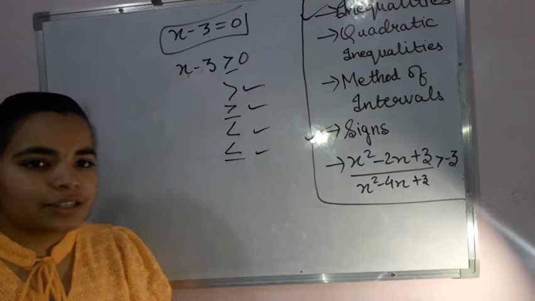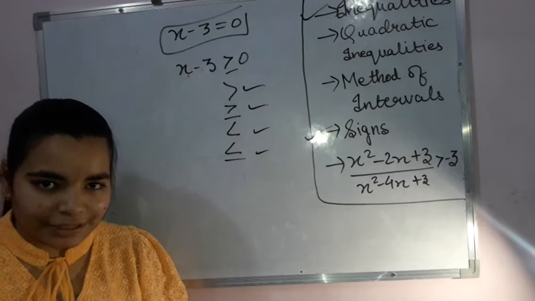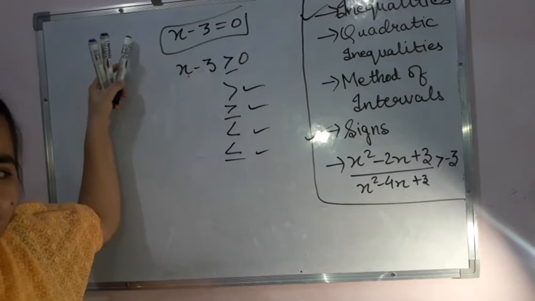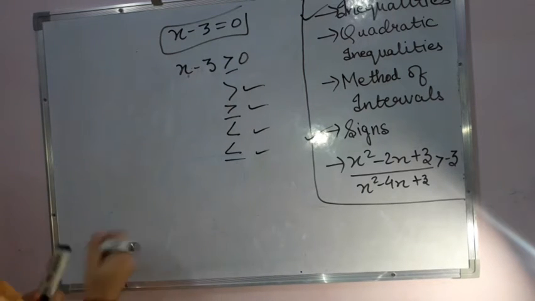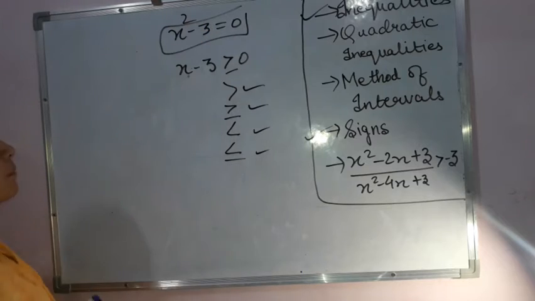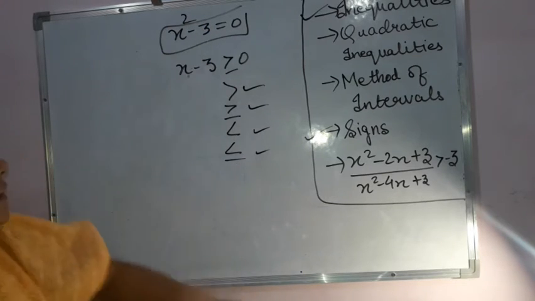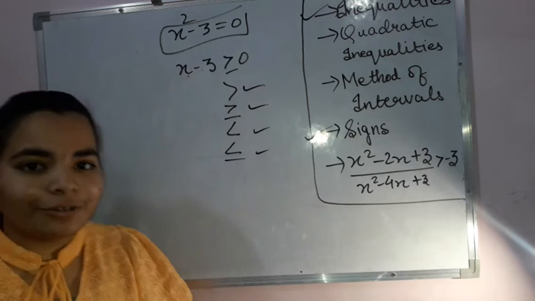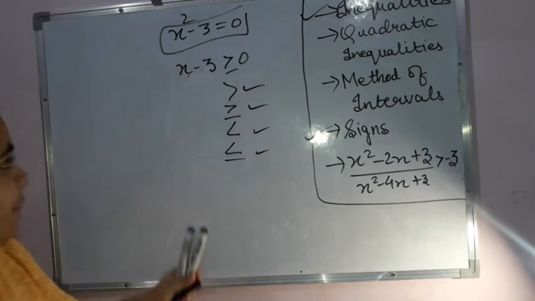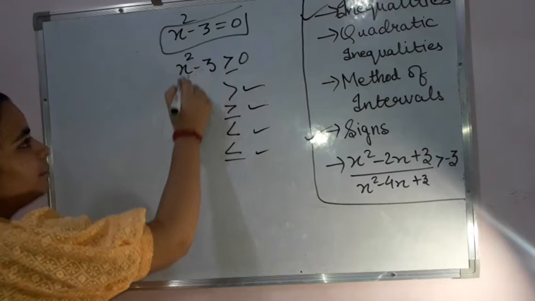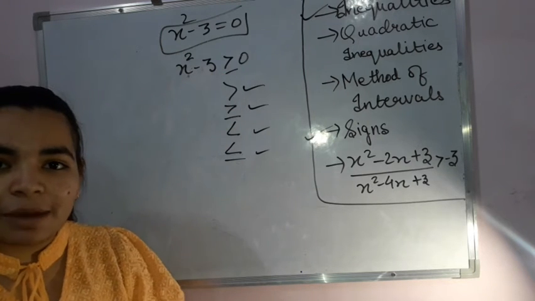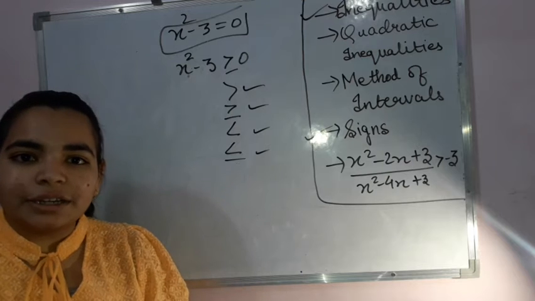Now, after this, let us talk about the quadratic inequalities. Something is linear when the highest power of the variable is 1. Now, if the highest power is 2, that means x square minus 3 is equal to 0, then it becomes my quadratic equation. If I have x square minus 3 is greater than or equal to 0, then it becomes my quadratic inequality.